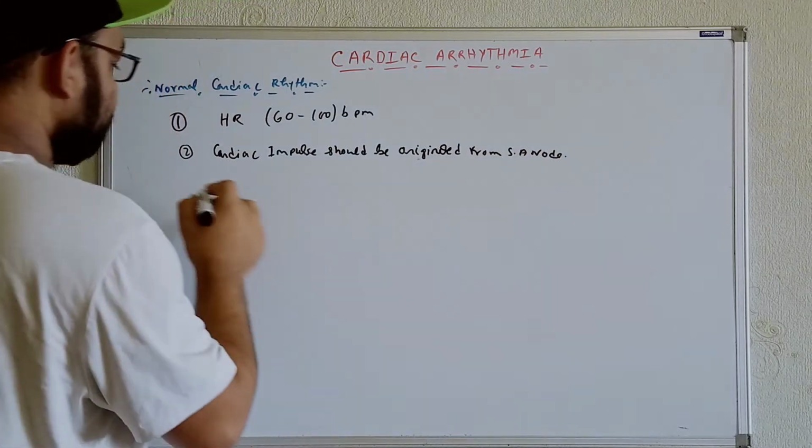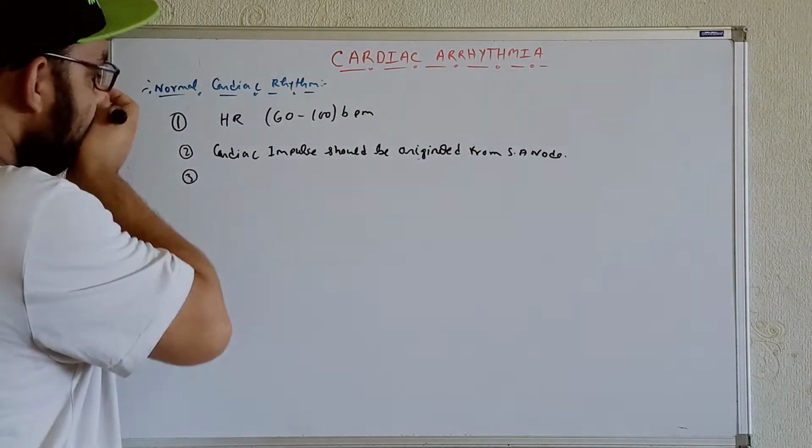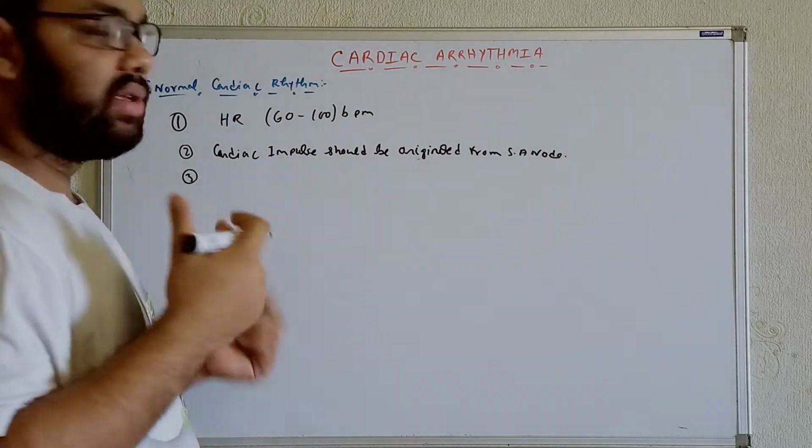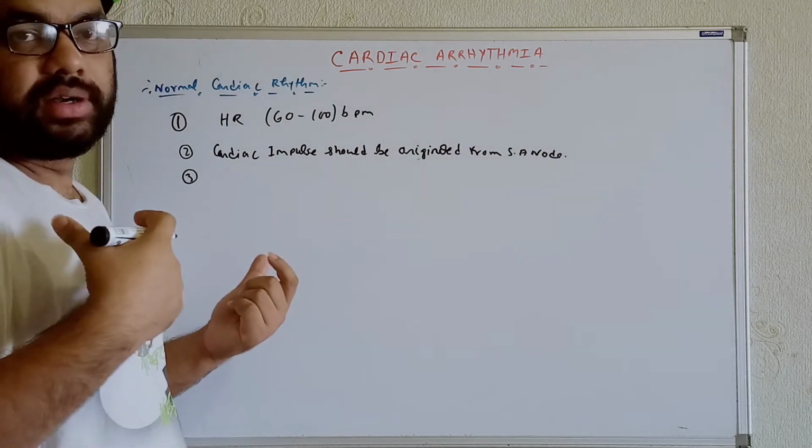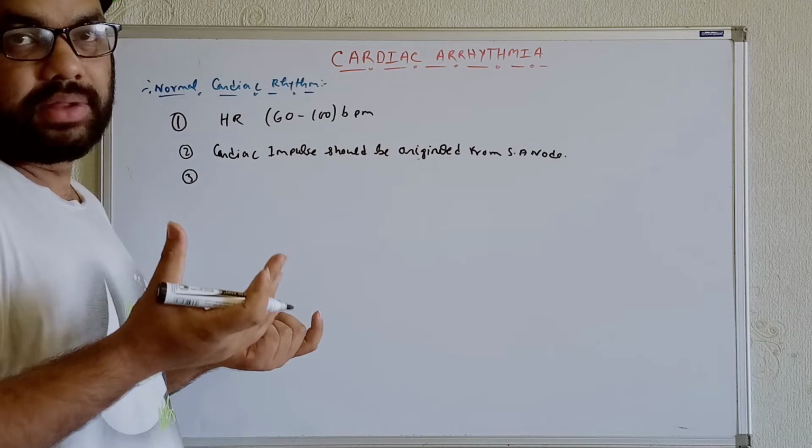Now the third thing: whenever the cardiac impulse is originated, good. Now the cardiac impulse should propagate under the normal conduction pathway.